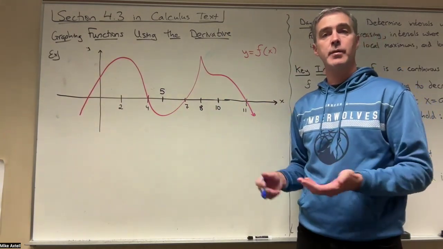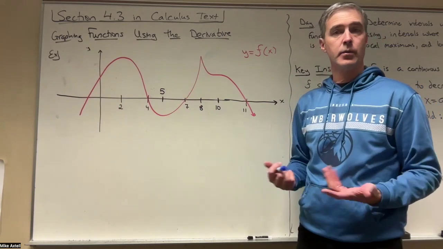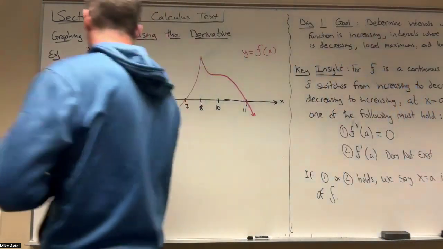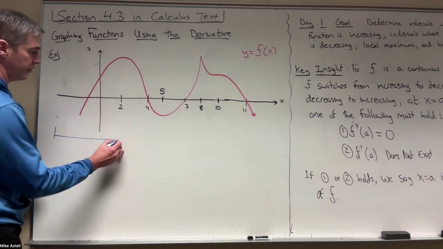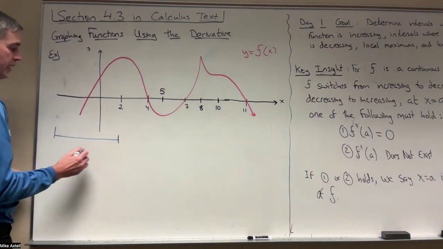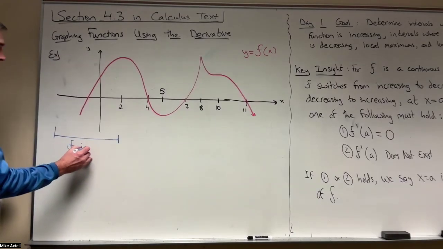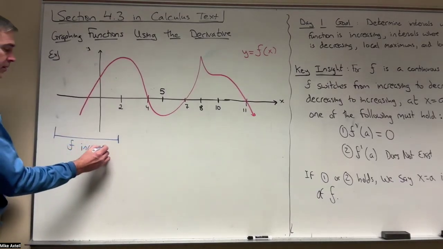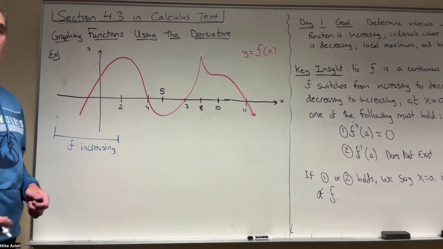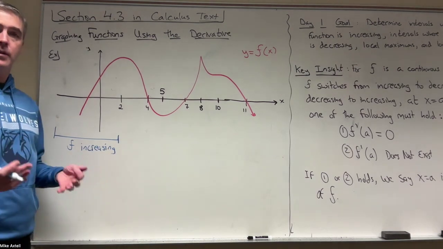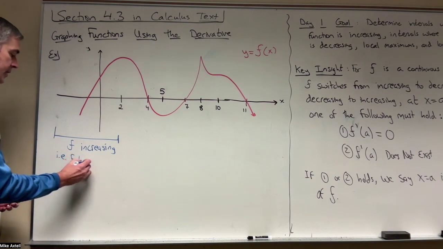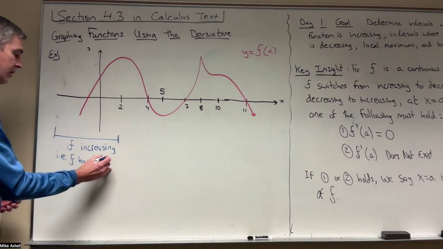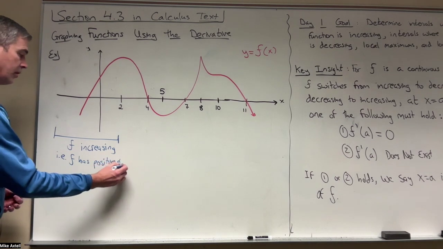So I'm going to throw down some information about increasing and decreasing. We'll see some interesting things. All right, so from here until 2, we have that f is increasing, right? That means the slope of f is positive. So i.e. f has positive slope.